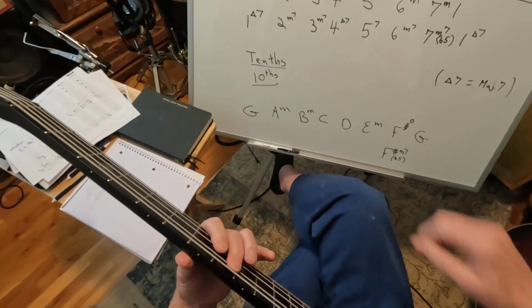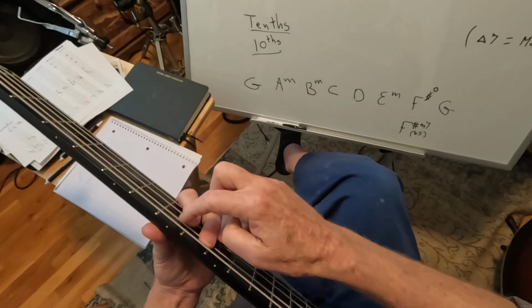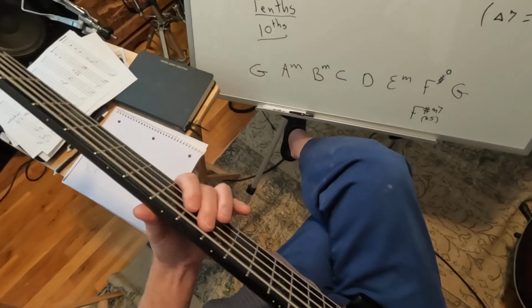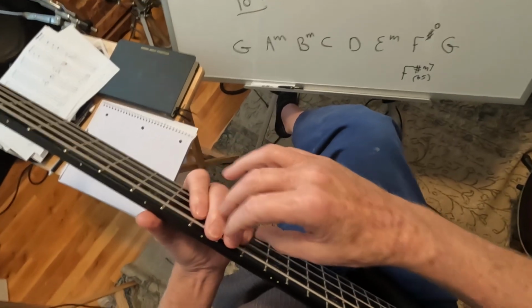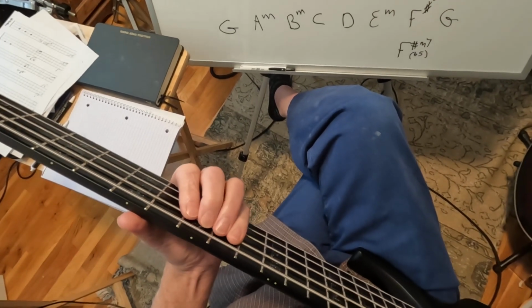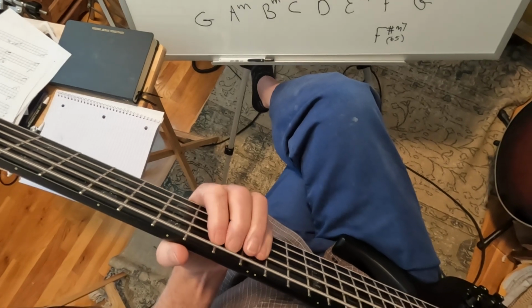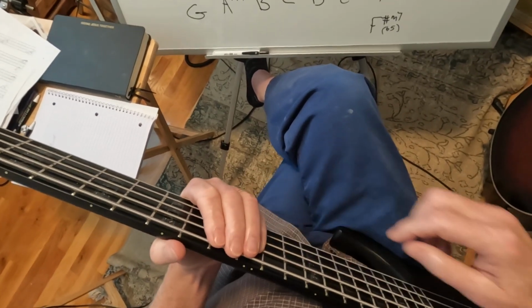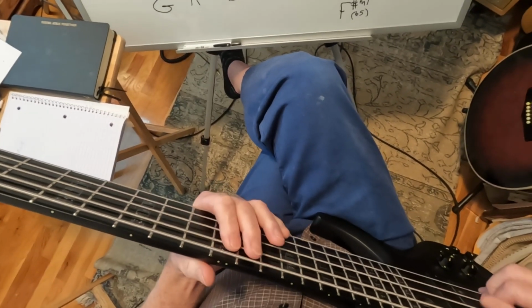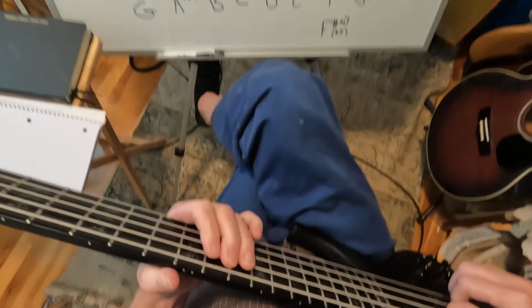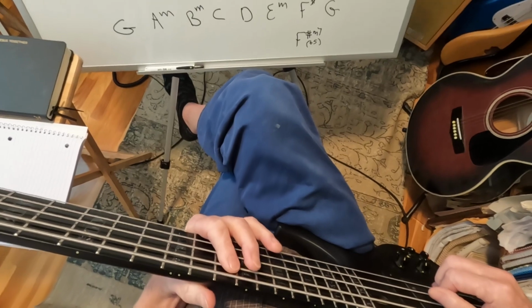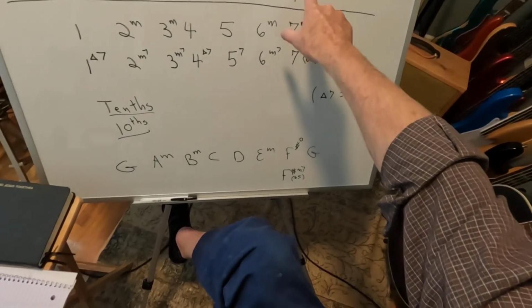Between 3 and 4, there's a half step. Between 4 and 5, a whole step. Between 5 and 6, a whole step. Between 6 and 7, a whole step. And finally, 7 to 1, there's a half step.